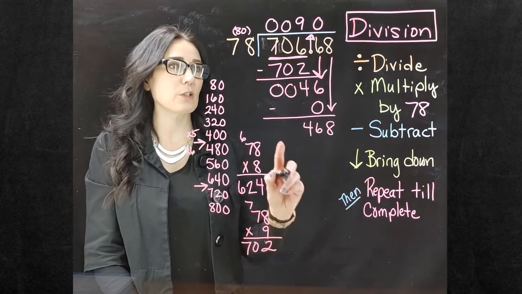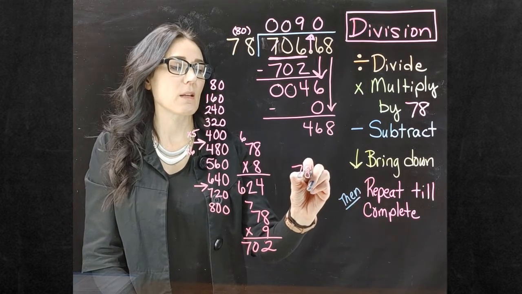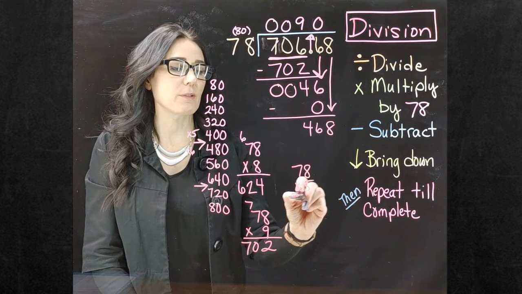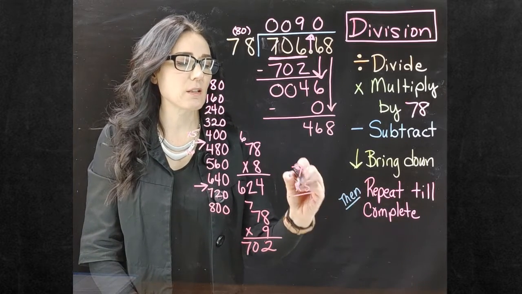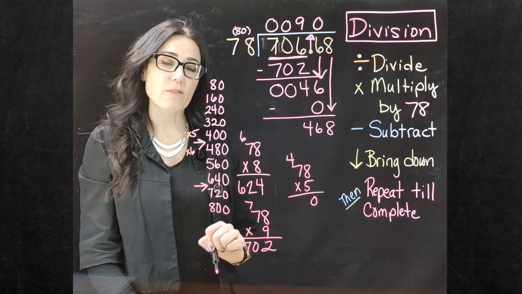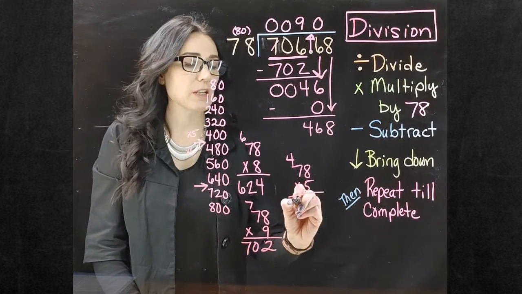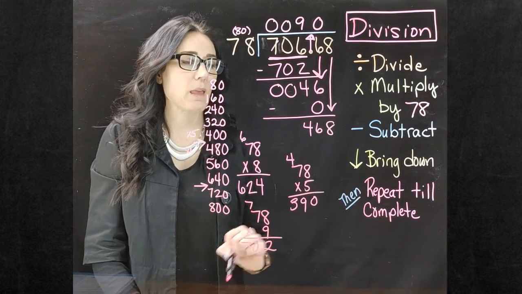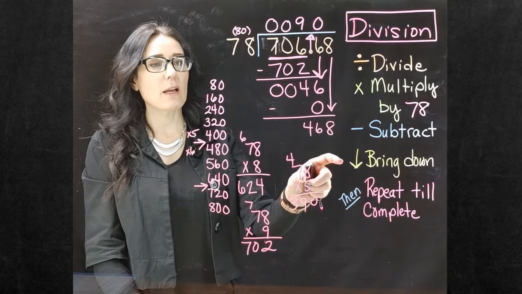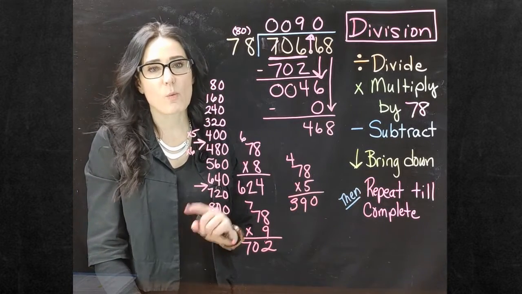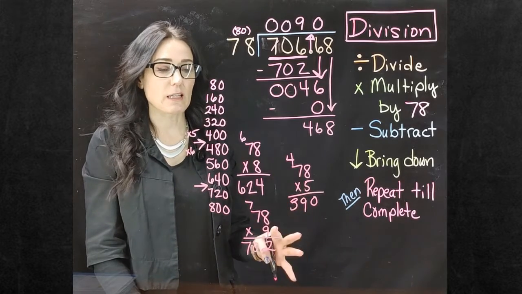So let's go ahead and do 78 times 5. We've got 5 times 8 is 40. 5 times 7 is 35, plus 4 is 39. Okay, that looks a little small, like 390. I think I might be able to go one more time. So let's try 6.